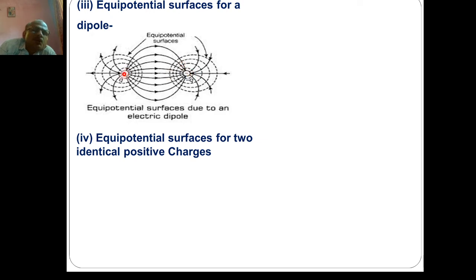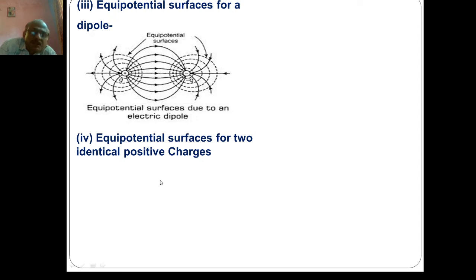See the equipotential surface. It is not completely spherical because here the field lines have more density. So on this side the surfaces are close, but on this side the surfaces are far away.